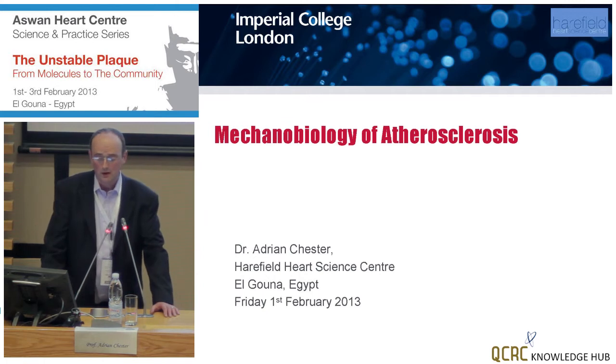In the next 20 minutes or so, I want to try to introduce some of the concepts of mechanobiology and how they are involved in the pathogenesis of the atherosclerosis process.